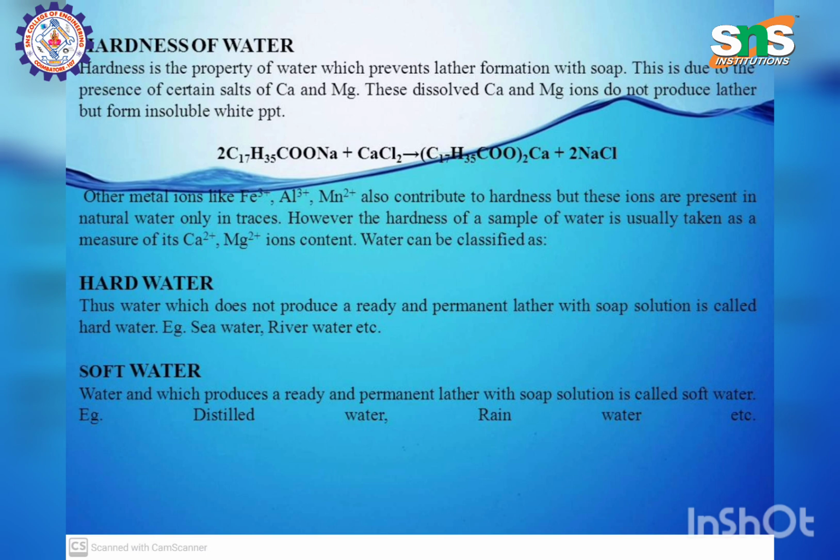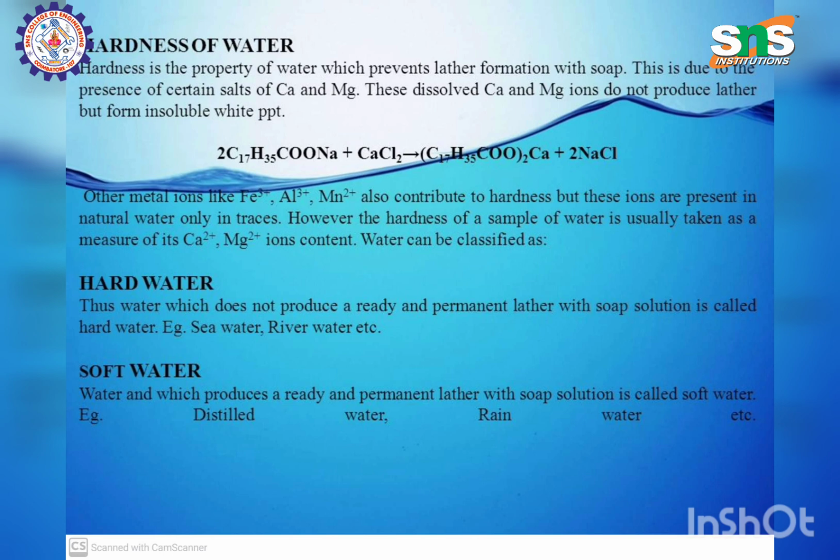Temporary hardness is due to the presence of bicarbonate salts of calcium and magnesium, and it can be removed by just boiling the water or adding lime to it. These two processes, boiling and adding lime, convert the bicarbonate salts in the water into insoluble carbonates and hydroxides, which can be easily removed by filtration.